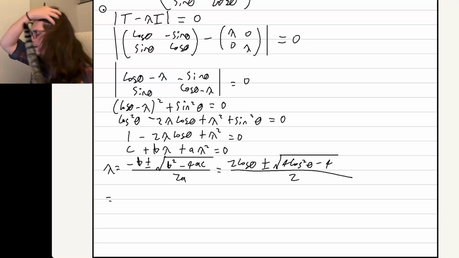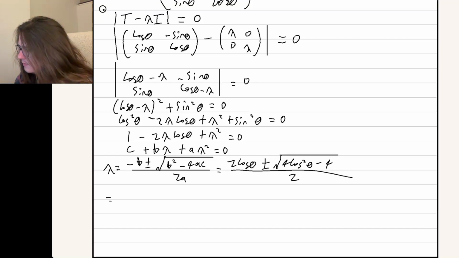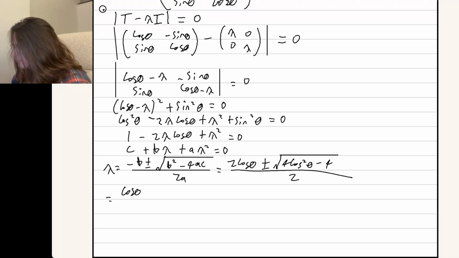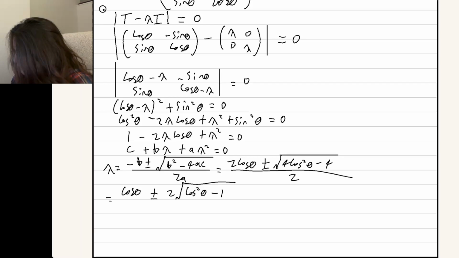So that's cool. We can go ahead and let the cosine theta on the outside of the radical be divided by 2, so now we just have cosine theta plus or minus. We'll factor out 2, because that's the square root of 4 from the radical. And so now it's 2 times the radical of cosine squared minus 1, over 2. You can let the 2's cancel each other out.